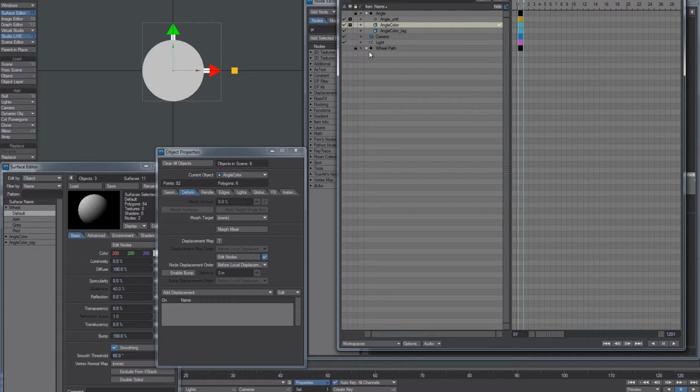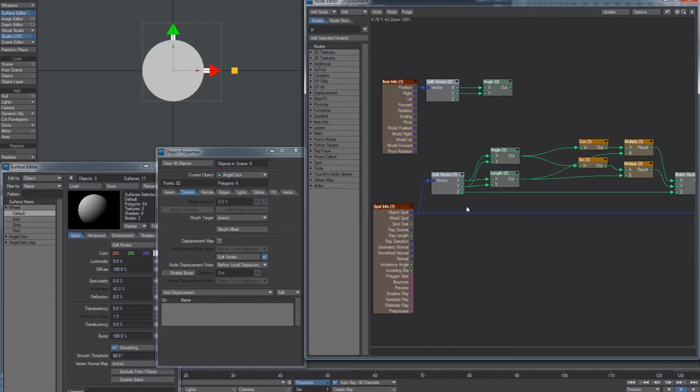I've hidden the wheel path and the wheel, and I've put up the angle control and the angle color object. In the angle color object displacement node editor, I have this setup, and we have this angle node, and you can see that there are some options here. Invert will basically just change the sign or the orientation of the rotation or the angle, and round will basically be a switch between two ranges.